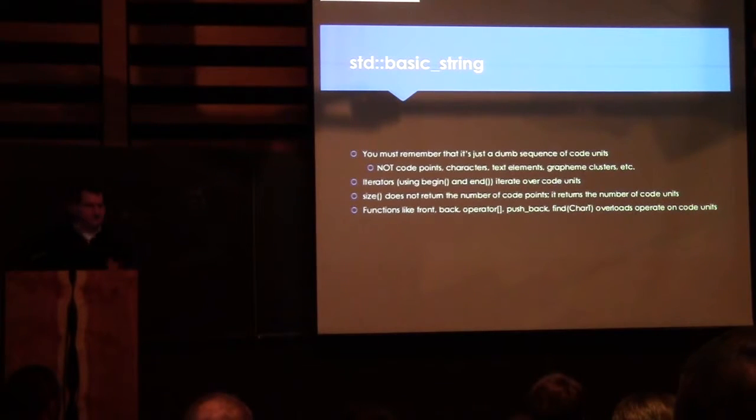If you iterate from begin to end, you're iterating over code units. You can't say, okay, this is a character, this is another character. Size does not return the number of code points, it returns the number of code units. Functions like front, back, the subscript operator, and other things operate on code units as well, which makes it rather inconvenient if you have UTF-8 text in a std::string.